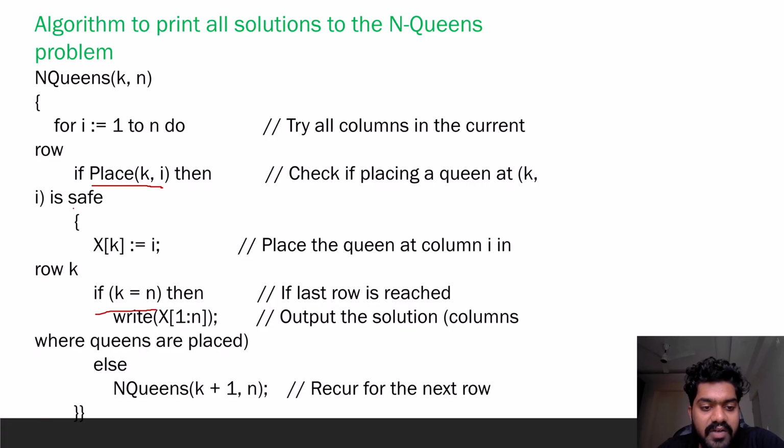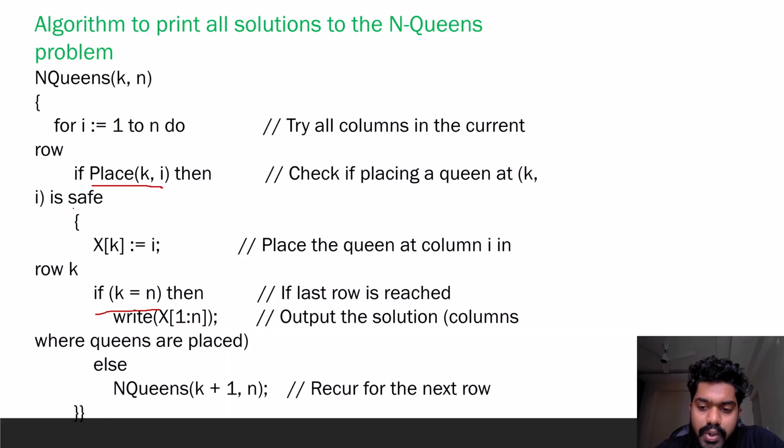If k equals n, in the n by n chessboard, k is the row. If you have placed a queen in every row, then the k value reaches 4 in a 4x4 chessboard. If 4 equals 4, then we have placed 4 queens in the 4x4 chessboard such that no queen matches in the same row, same column, or same diagonal.